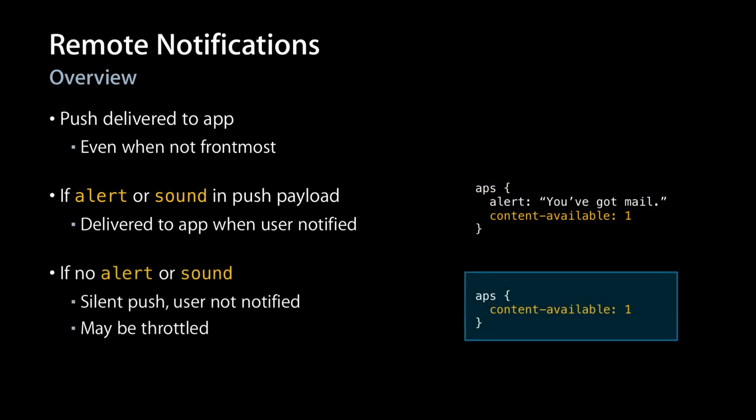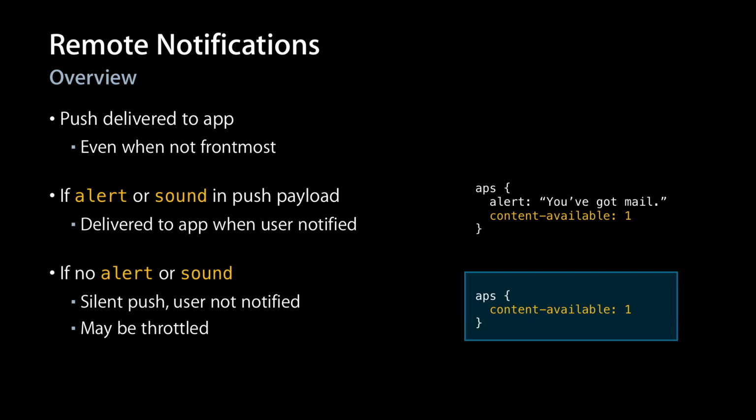If you look at this payload, if we remove the alert key and don't have a sound or a badge key in there, then when the notification is received by iOS, it will launch your app in the background, if it's not in the front already, and hand you the push notification. And the user doesn't even know that just happened. So it's a great way to set up a private channel of communication from your server to your application.